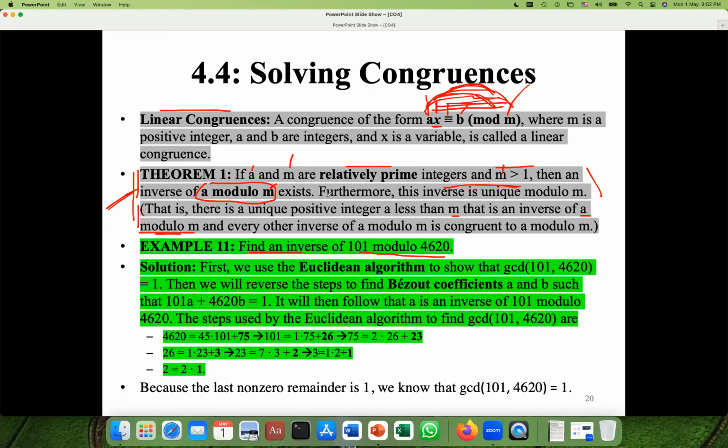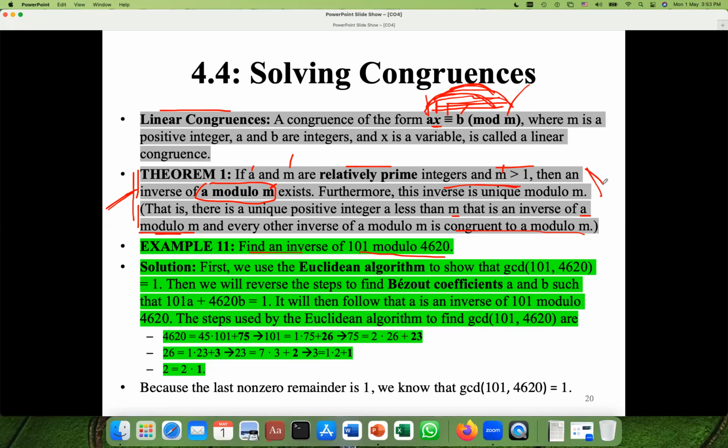If there are other solutions which are maybe greater than this one, you can call those solutions congruent modulo M. Anyhow, keep only these two statements. Two numbers A and M are necessary because it is modulo.